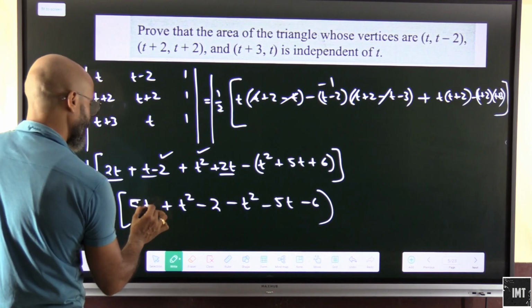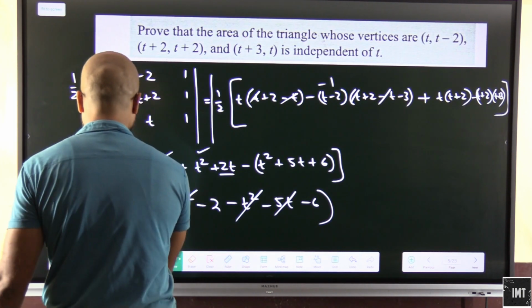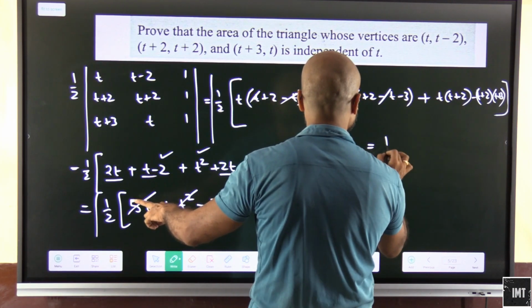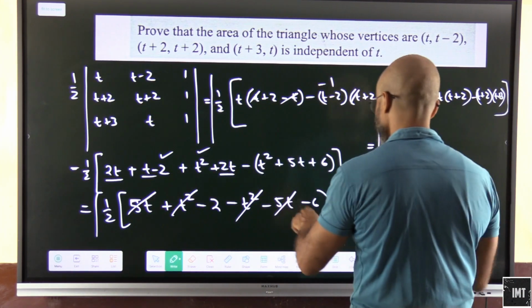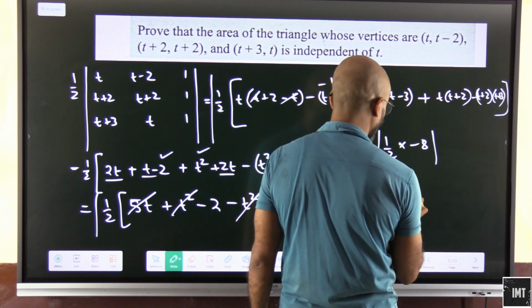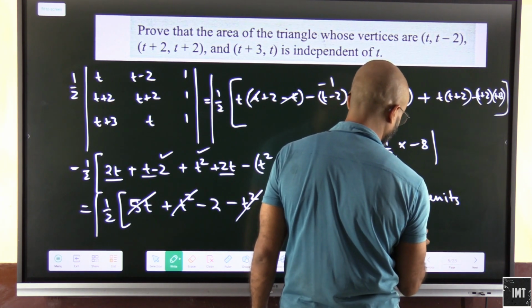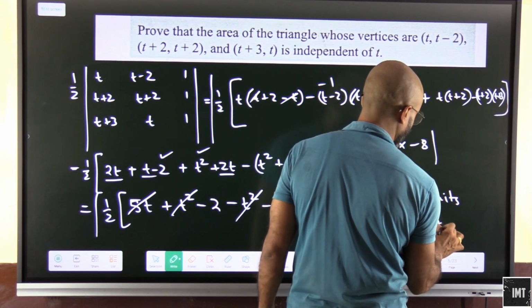So here 5t gets cancelled, t square gets cancelled, so again this will be a mod value. Okay, so this will be mod of half, minus 2 minus 6, that is minus 8, so this will be 4 square units, which is basically independent. This is independent of t.